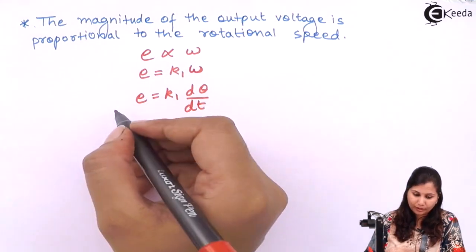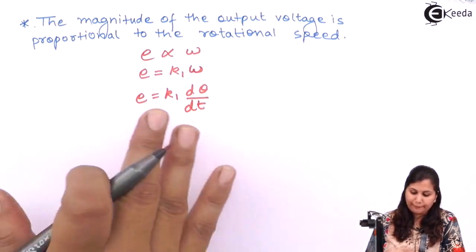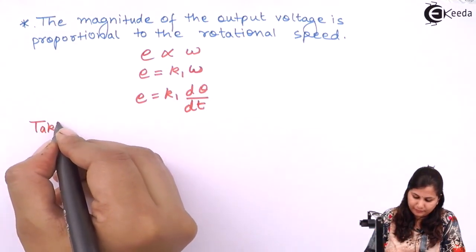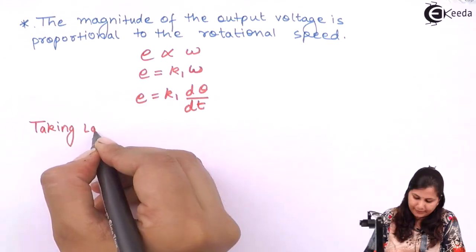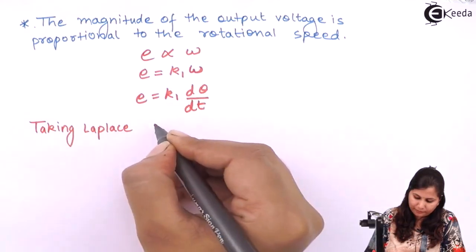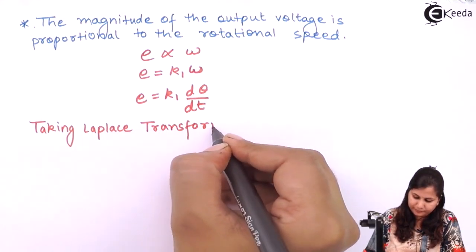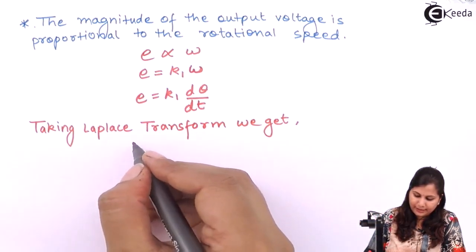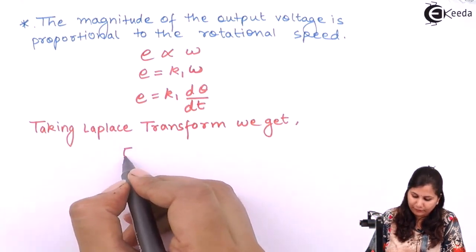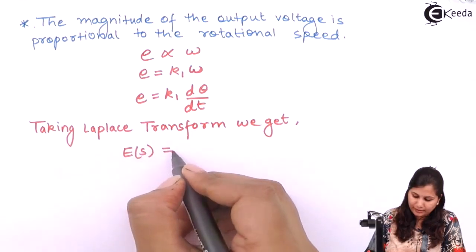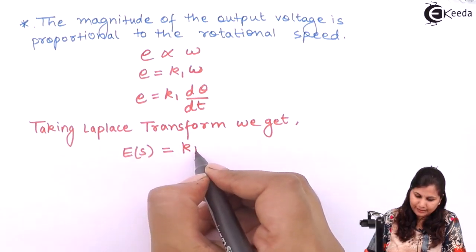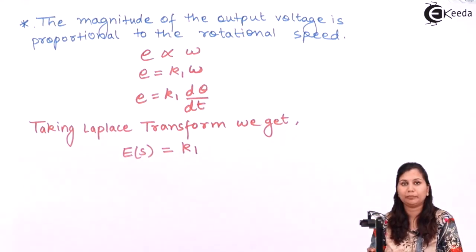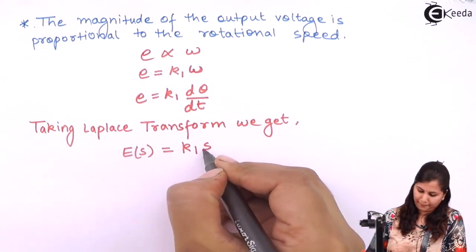Now if we take the Laplace transform of this equation, we get the Laplace transform of E as E(s), the constant will be as it is, and the Laplace transform of d theta by dt will be s theta(s).